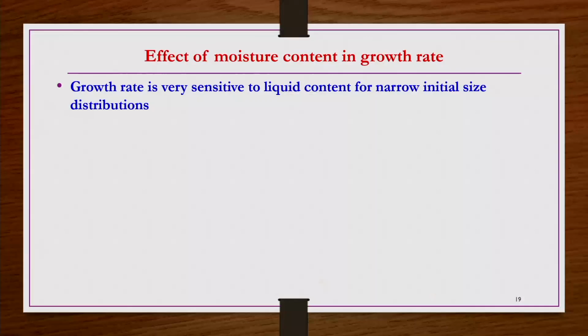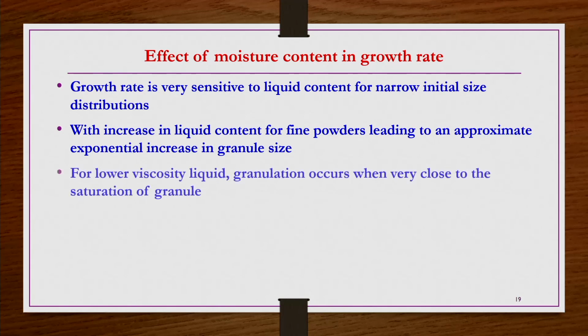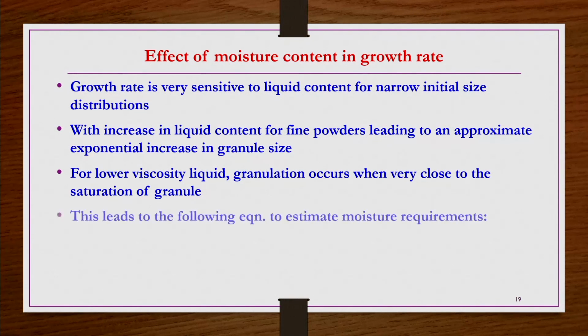Growth rate or size enlargement rate is in general very sensitive to liquid content for narrow initial size distributions. With an increase in liquid content for fine powders, an approximately exponential increase in granule size may take place. For lower viscosity liquid, granulation occurs very close to the saturation of the granule.